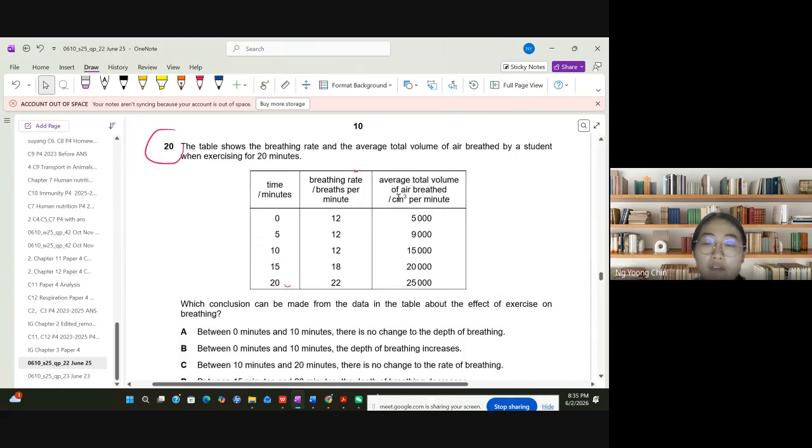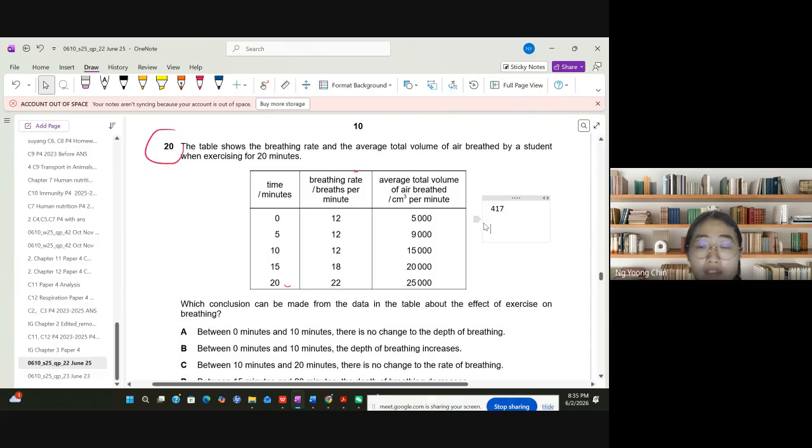And then you have an average total volume of the air breathed out. So you need to convert it. For example, 5,000 divided by 12, you get 417, which is for the first one.